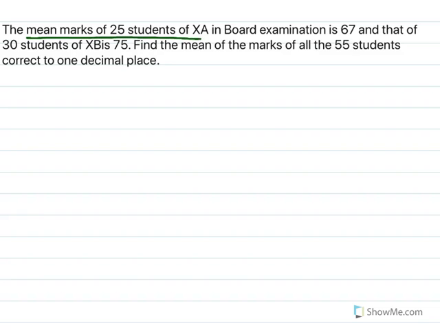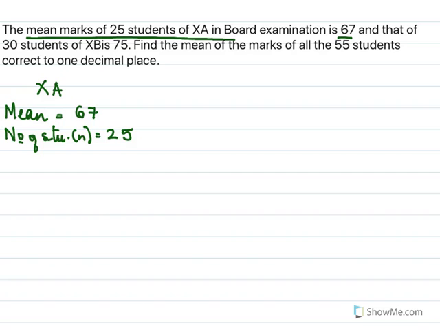The mean marks of 25 students of class 10A is 67. So we have 10th A, the mean is given to us 67. The number of students, which we take as n, is 25. And we know the formula for mean: sum over number of observations.